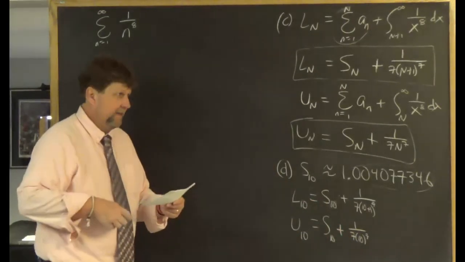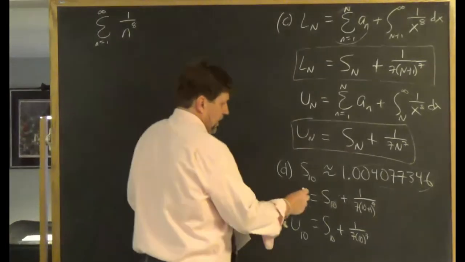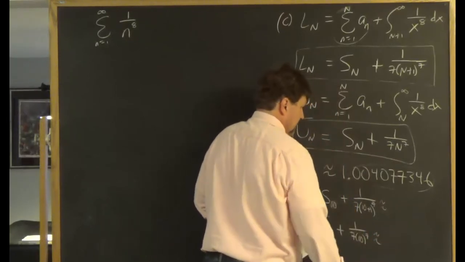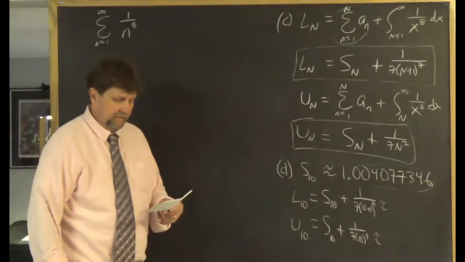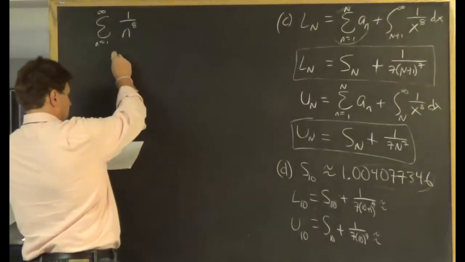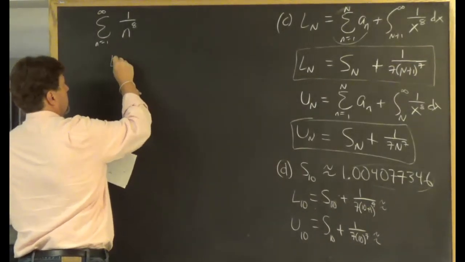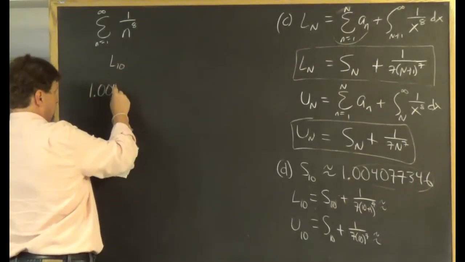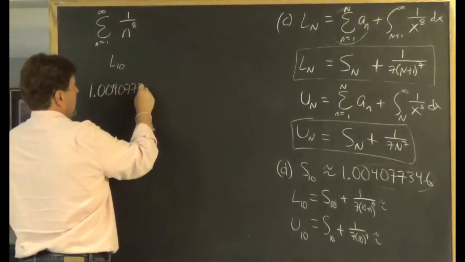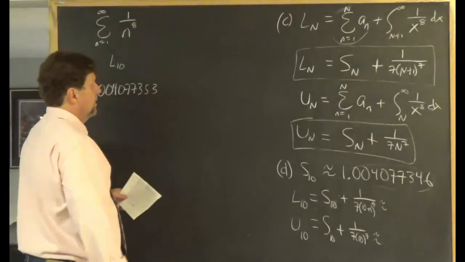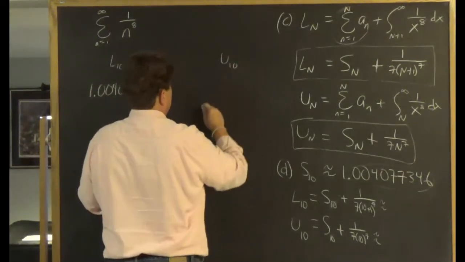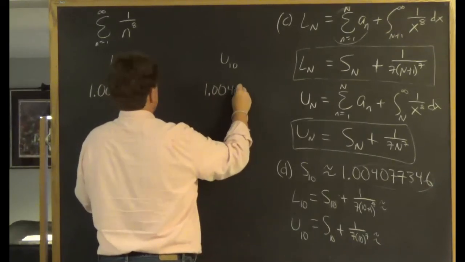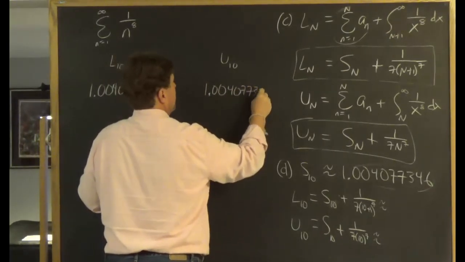And you're going to get the lower bound and the upper bound to both be the same thing as S sub 10. In other words, your lower bound is 1.004077353. The upper bound is 1.004077353.